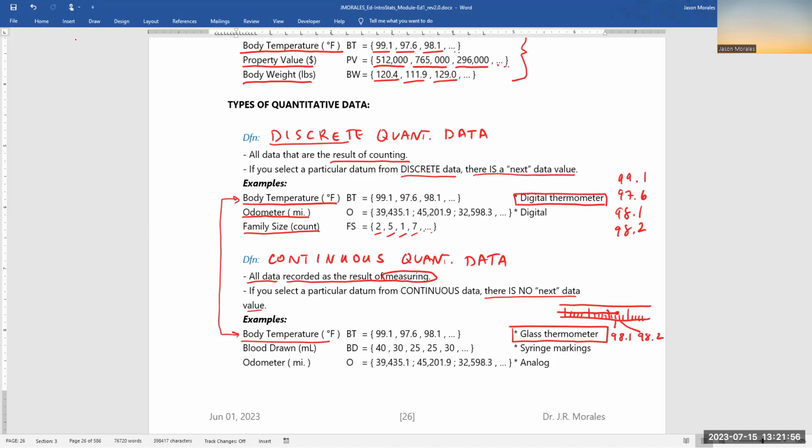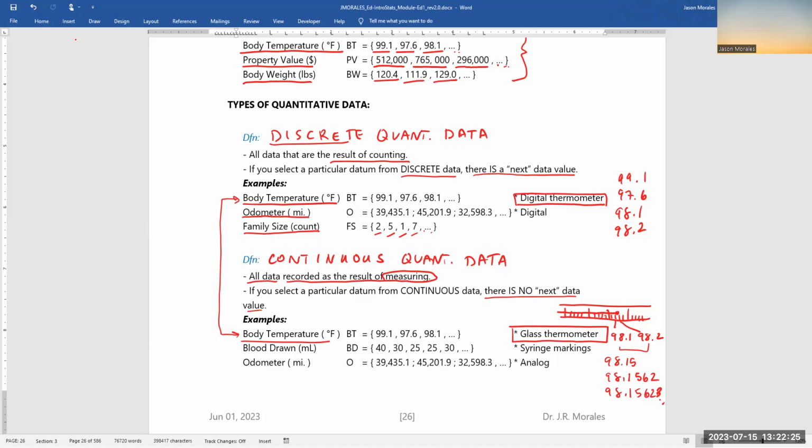Because the liquid inside the thermometer stopped somewhere in between those two, you don't really know by looking at this measurement scale whether it was 98.15 or 98.1562 or 98.1563 and so on.